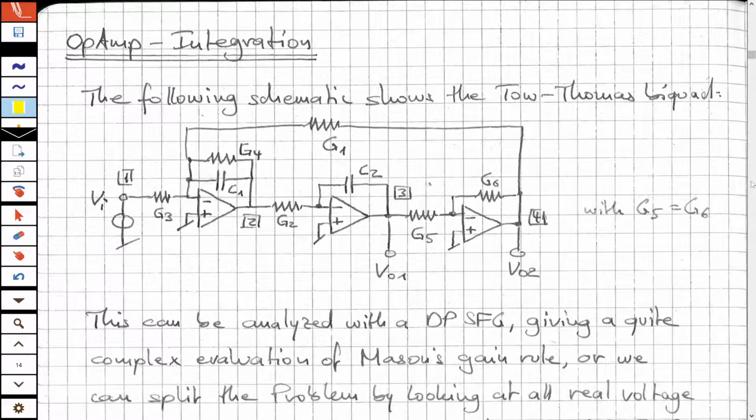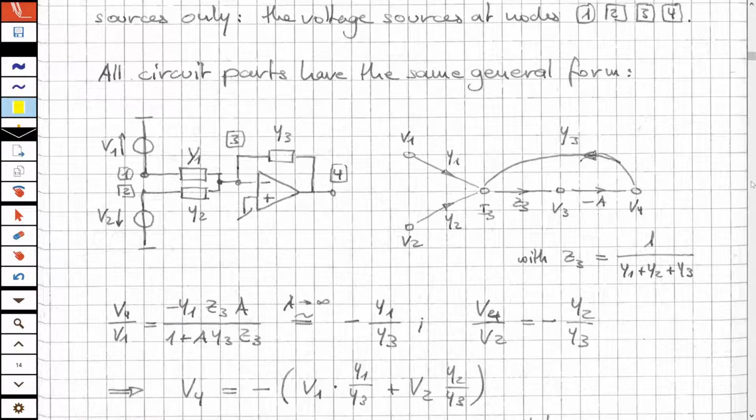So maybe here it would be a good idea to use an analytical method. And analytical method means that you take parts out of the circuit and say, I have a sub part, it looks like this, and now let me analyze that sub part.